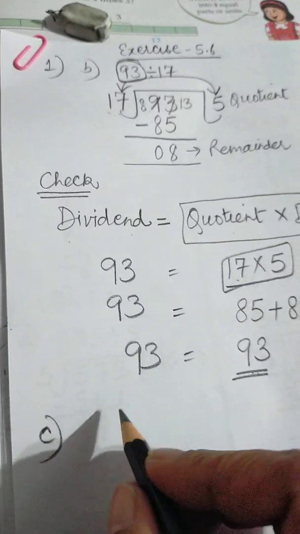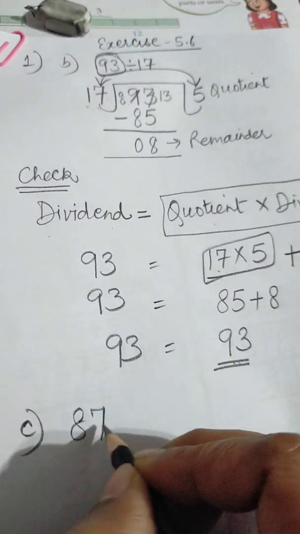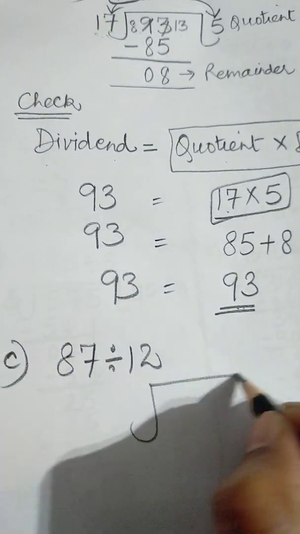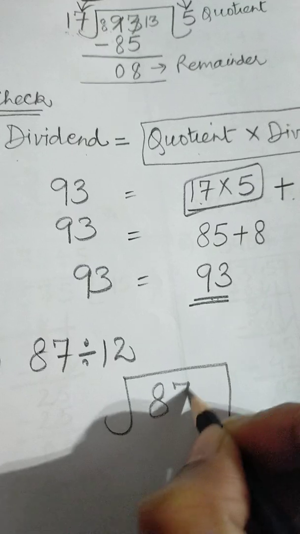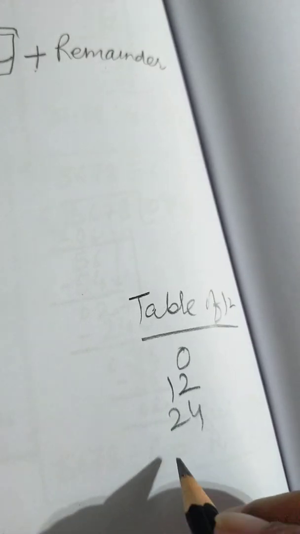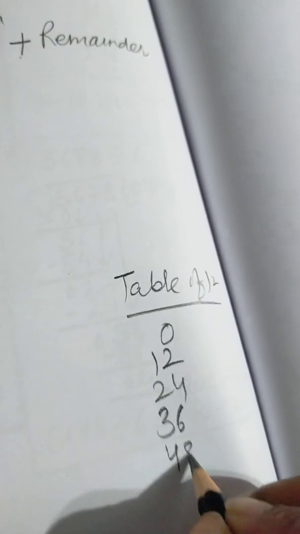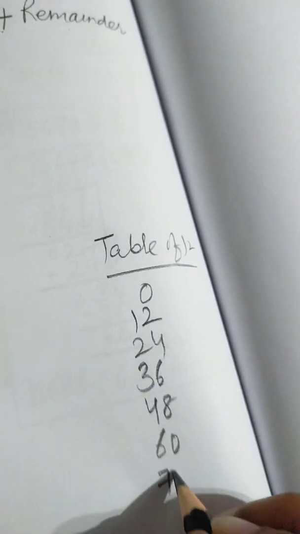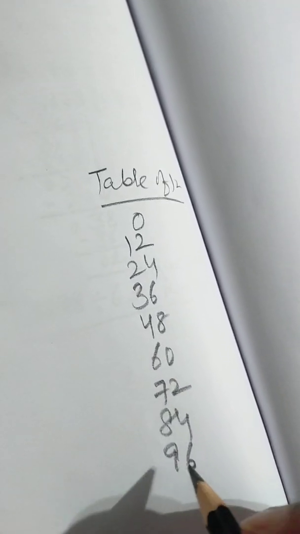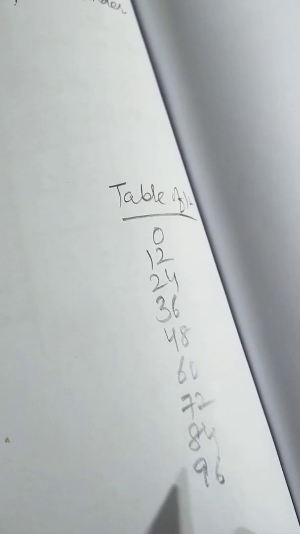What is the statement of C part? 87 divided by 12. Here firstly we will write the table of 12. 12 zeros the 0. Only 2 digits we will write.